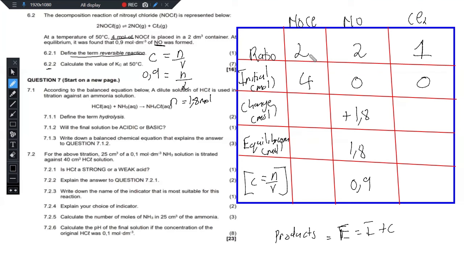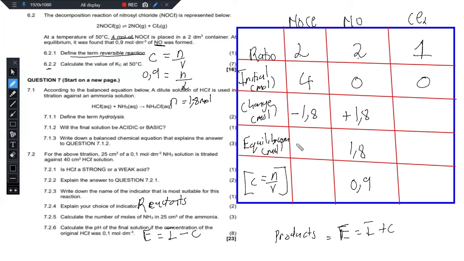But at this point, this is where we now use the ratios. This is a ratio of 2 and that is a ratio of 2. So that means they have to share the same number of moles. But because these are reactants, if the forward reaction is favored, to find the ones at equilibrium, we normally say it's I minus C. So the change here has to be negative, minus 1.8.